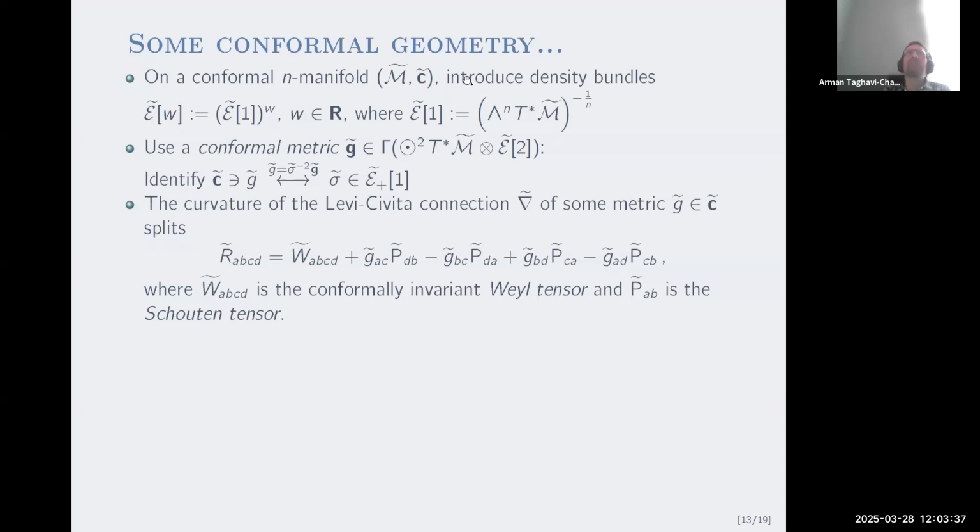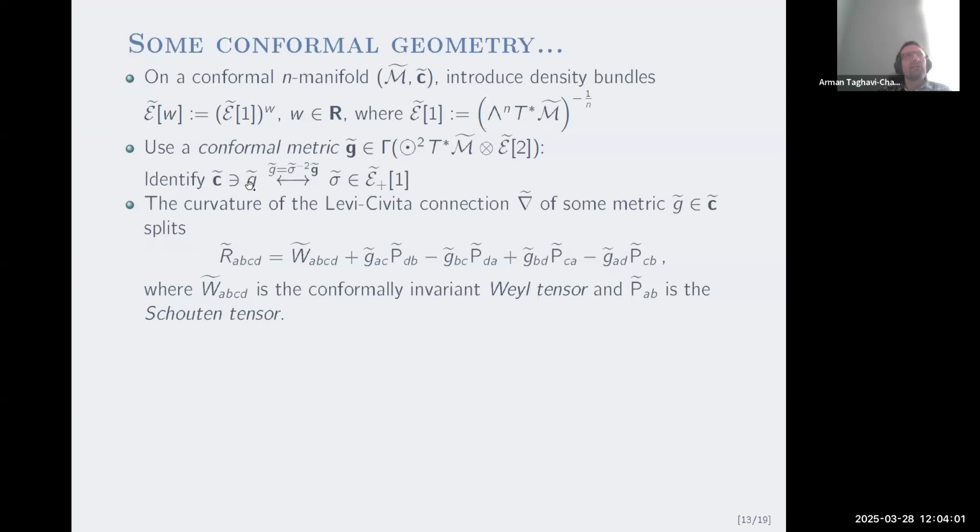And in complete analogy to the CR case, you can construct density bundles that are denoted in this fashion. So in this case, I'm considering the top power of the exterior algebra of the cotangent bundle.